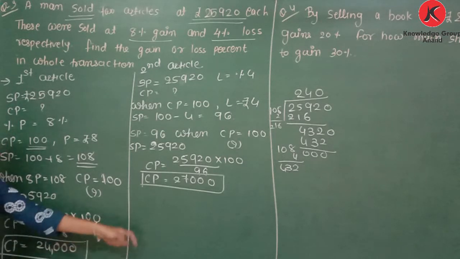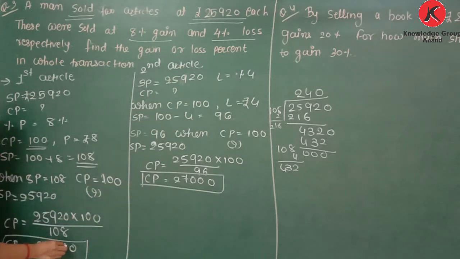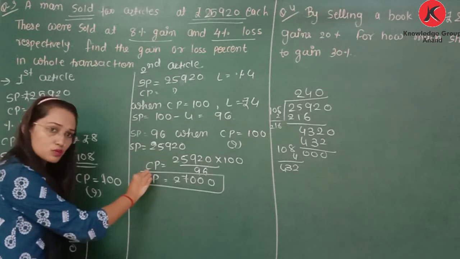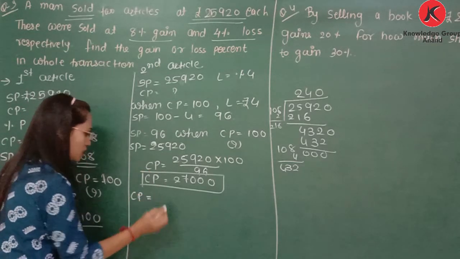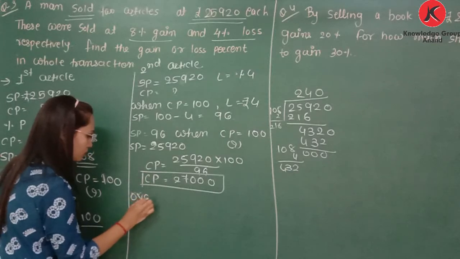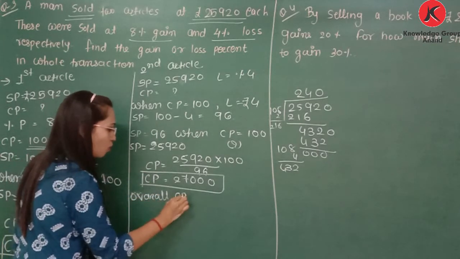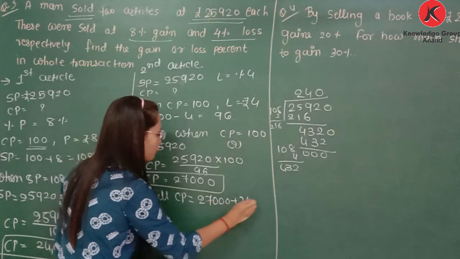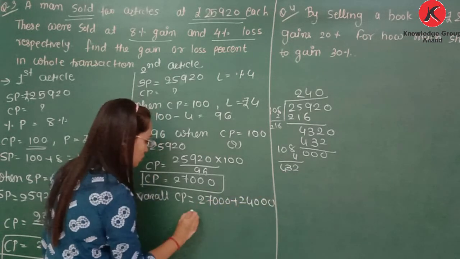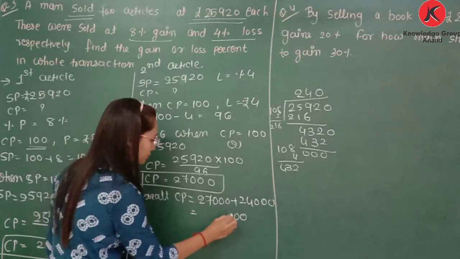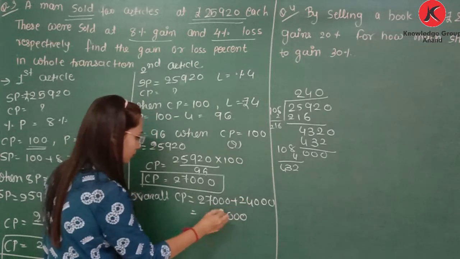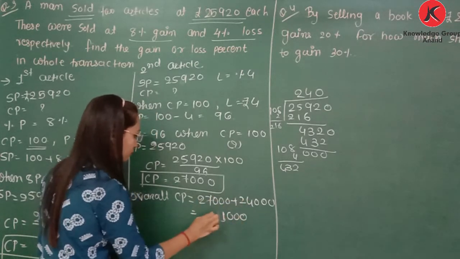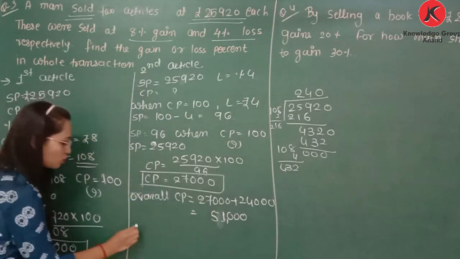So we can find the overall cost price. This is the cost price of first, this is cost price of second. So overall CP is 27,000 plus 24,000, so that is 51,000.